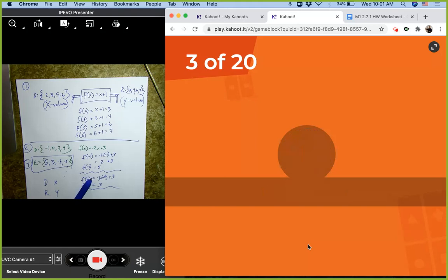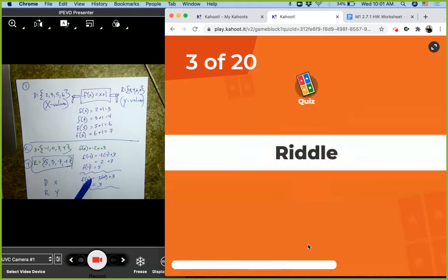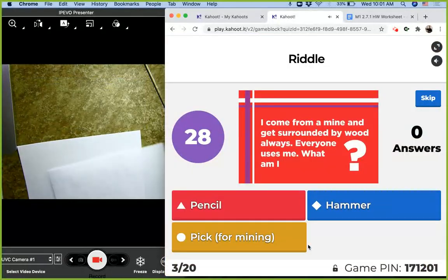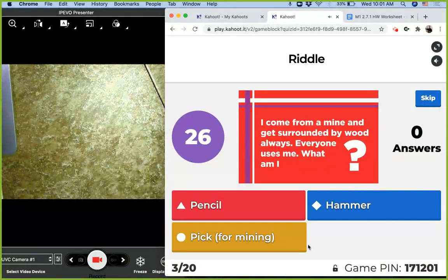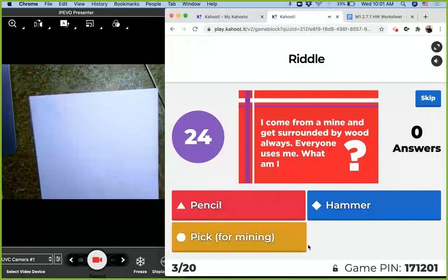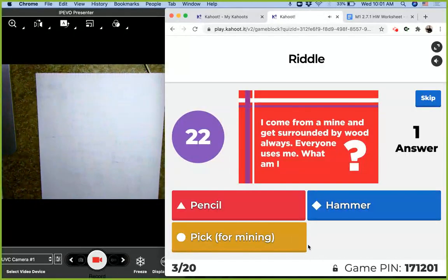Double points. It's just a fun brain teaser. It's a riddle. What do we think about this riddle? I come from a mine and get surrounded by wood always. Everyone uses me. What am I? You only got 17 seconds. 15 seconds.